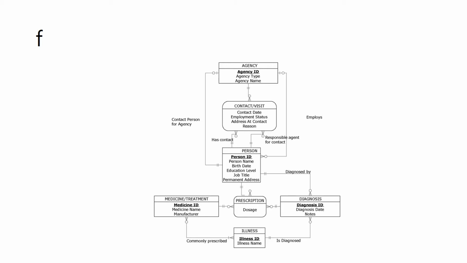Problem F, Chapter 2, Problem and Exercise 2-46. You can see there are agency entity, person entity, medicine treatment entity, diagnosis entity, illness entity, and then contact, visit gerund, and prescription gerund.